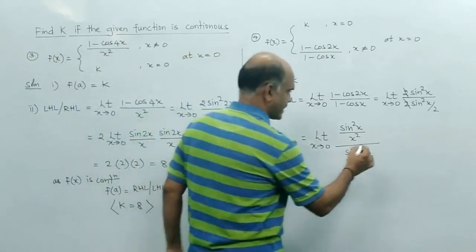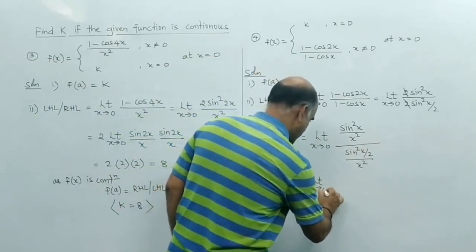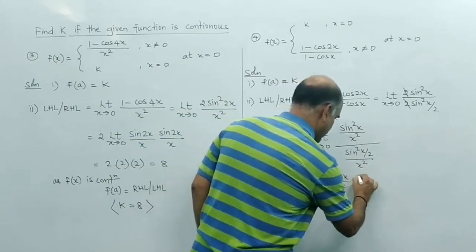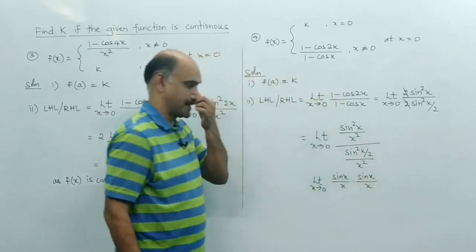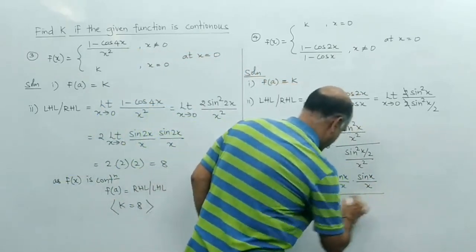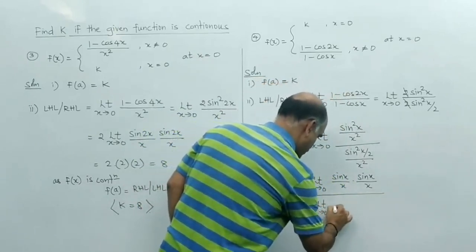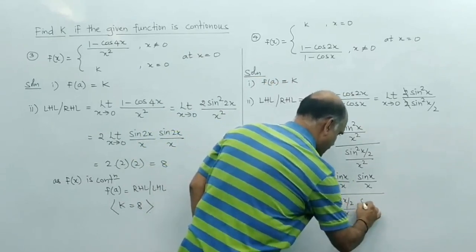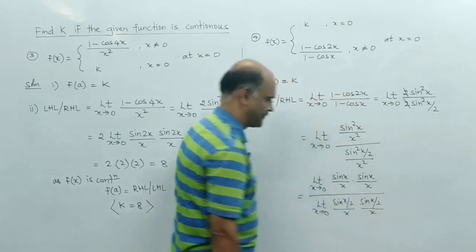So if I take limit x tends to 0, sin x by x into sin x by x, for the numerator I have applied. Similarly for the denominator, limit x tends to 0, sin x by 2 divided by x and sin x by 2 divided by x.